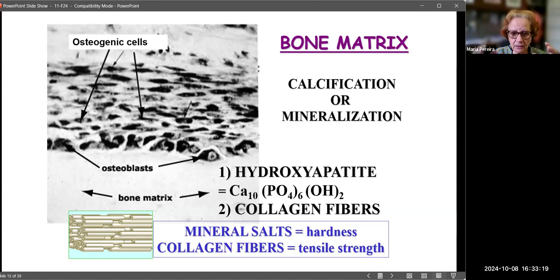It's not like china. If you throw a plate made up of china on the floor, it will break into 1,000 pieces. But the bone matrix, because it has these collagen fibers shown here, has this tensile strength, which means that it's capable of withstanding some stress. So you have this combination of mineral salts and collagen fibers that are very important for the properties of the bone matrix.